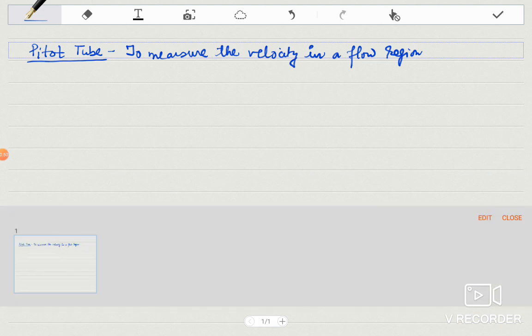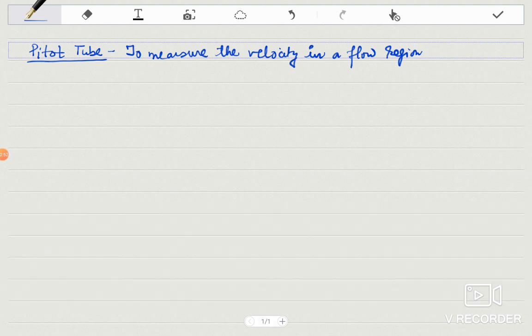It actually measures the velocity at a point in the flow region.